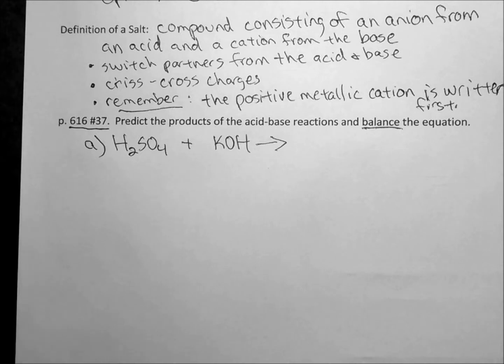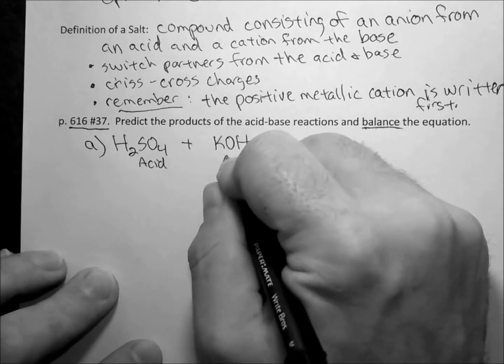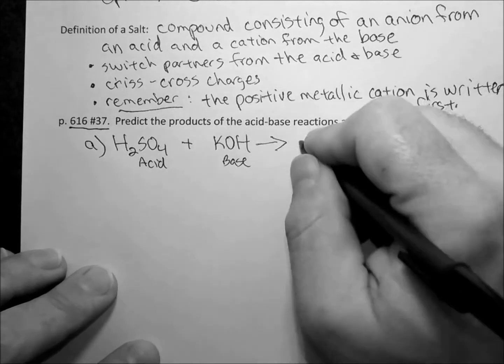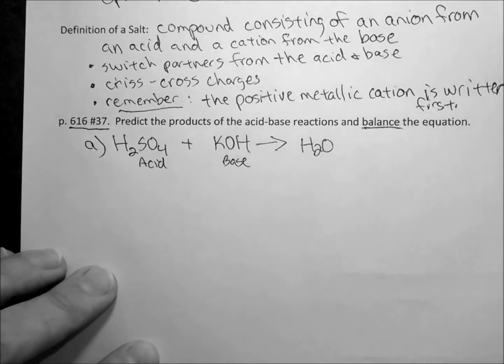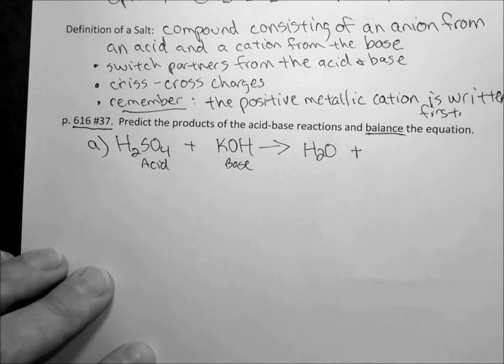So let's go through this one together. How do I know it's a neutralization again? Acid, base. Perfect. What is one product always going to be that you can just write down? H2O. Now let's figure out our new partners.